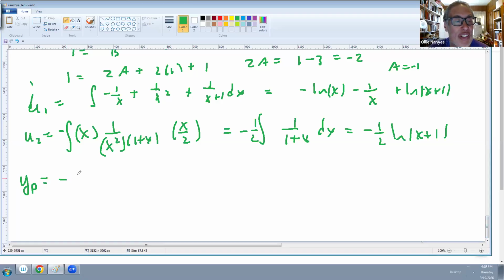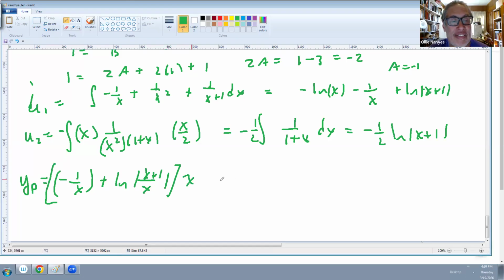So it's going to be -1 over x plus log of x plus 1 over x, all multiplied by x, plus 1 over x, that's your y2, minus 1/2 log of x plus 1.